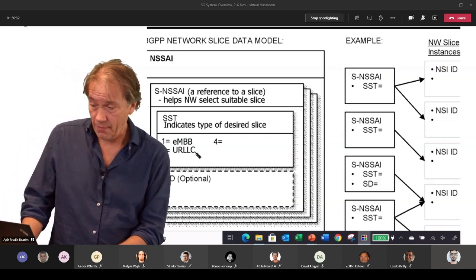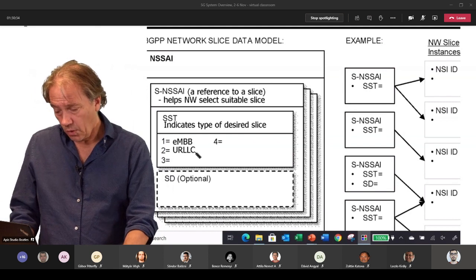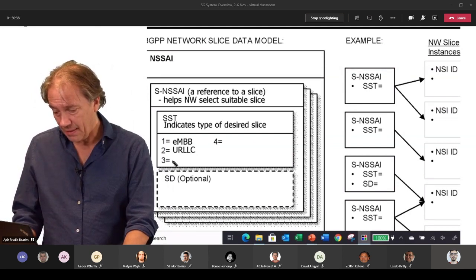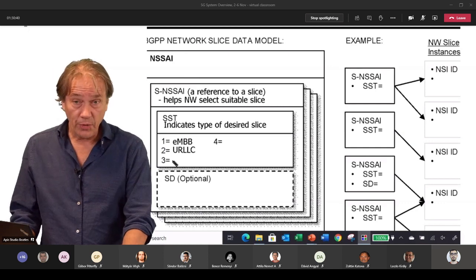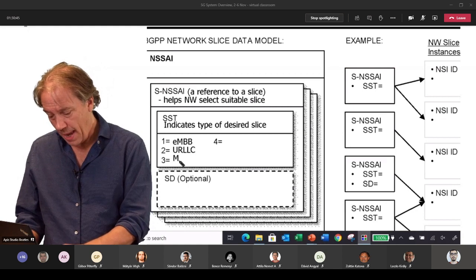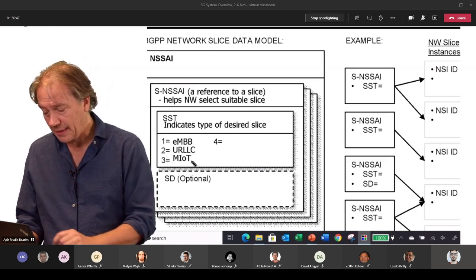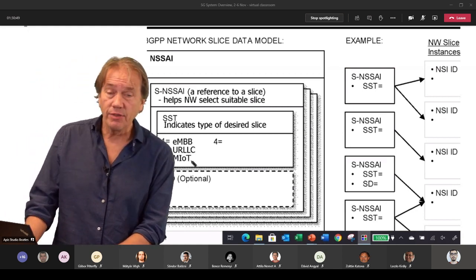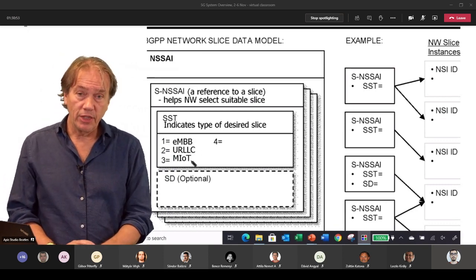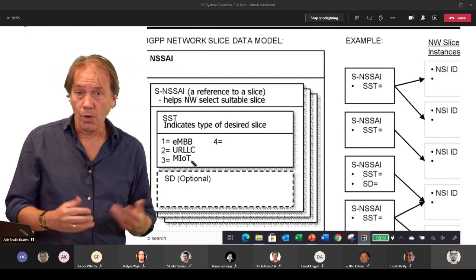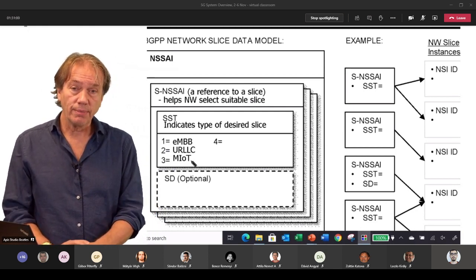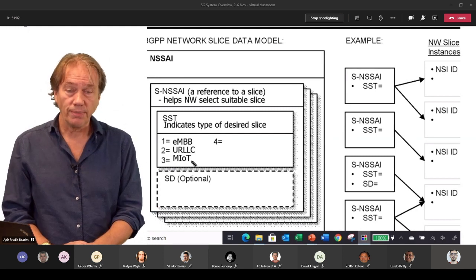And you have already guessed it. SST value 3 is for MIoT. Massive IoT is what they write in the 3GPP specifications. And of course, this corresponds to the mMTC use case, massive machine type communications.